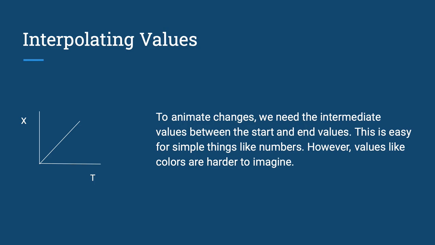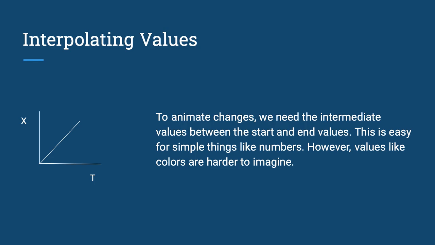At one-fourth of the time, what is the size? When you can get this change, it will allow you to get the animation value right now, and that will make your user feel, okay, this is a gradual change from A to B. So in order to do this, we need to interpolate values between start and end, or begin and end points.